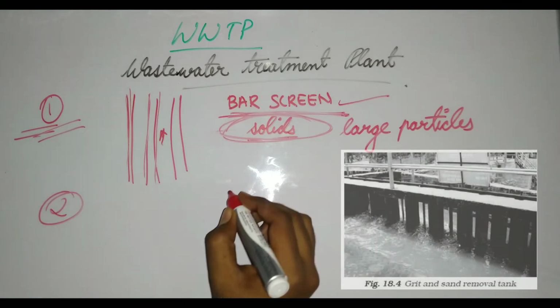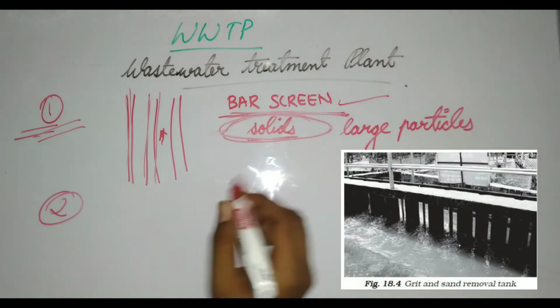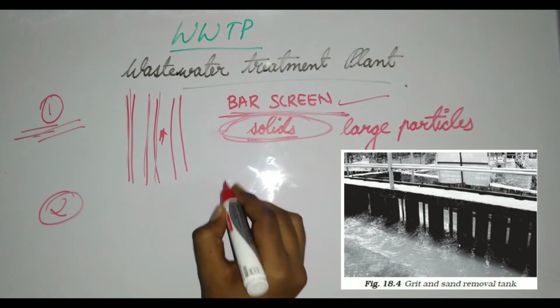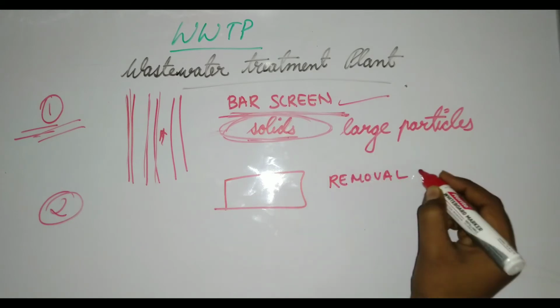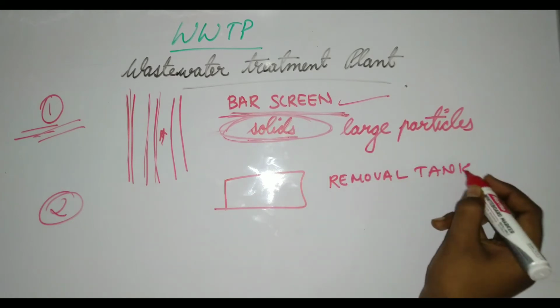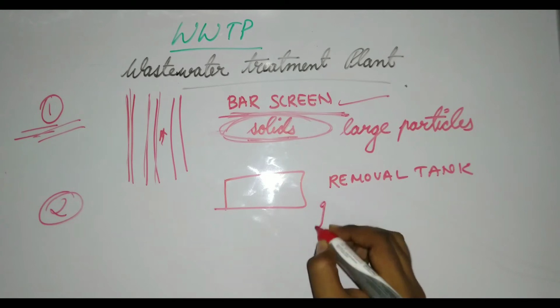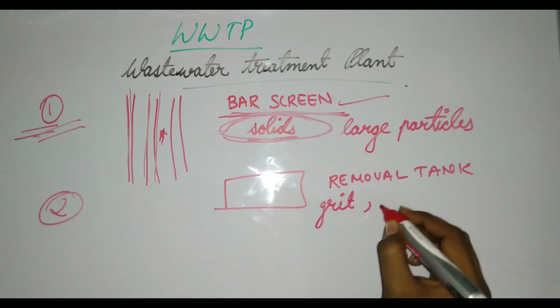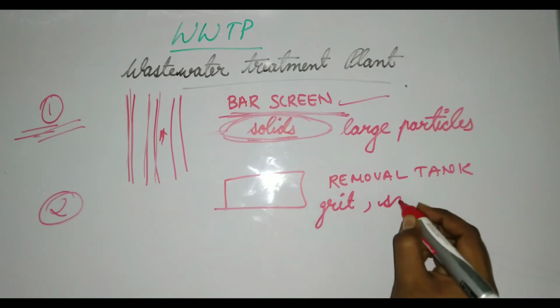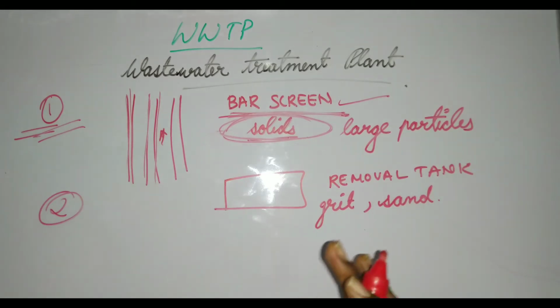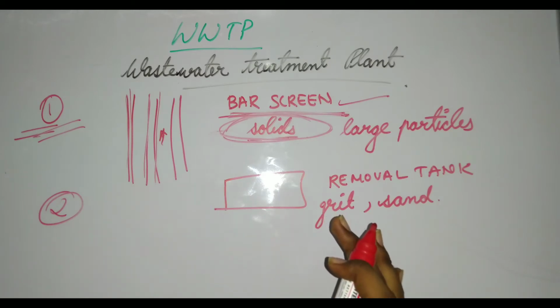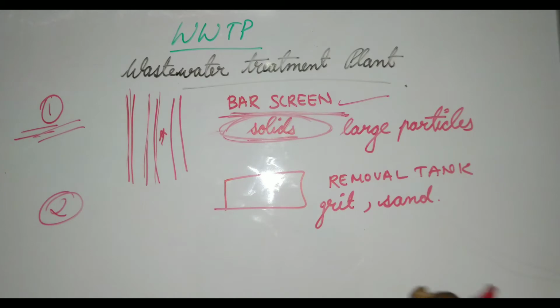What does it remove? It removes the grit, that is stones, sand, and small particles. How do they remove it? They reduce the speed of the incoming wastewater and allow the particles to settle down.